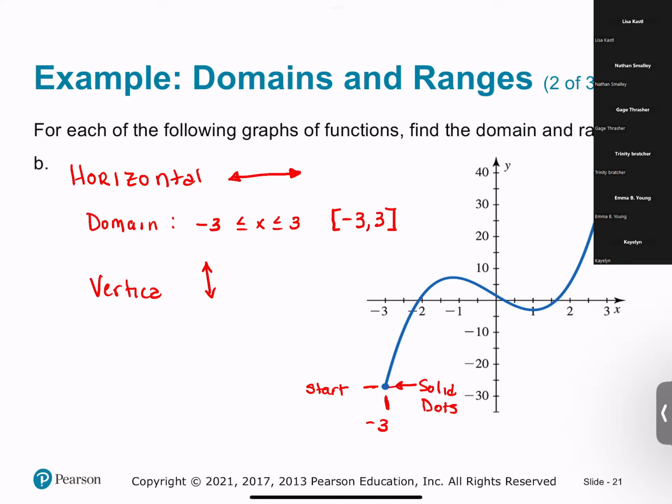It's kind of hard for me to see. It looks to be starting at negative 25. If I move over to the y-axis, it looks like that point is at negative 25. And where does it stop? Does it stop at 40? That's what it looks like to me. Or we could write that as negative 25 to 40. It means the same thing. This is called interval notation.